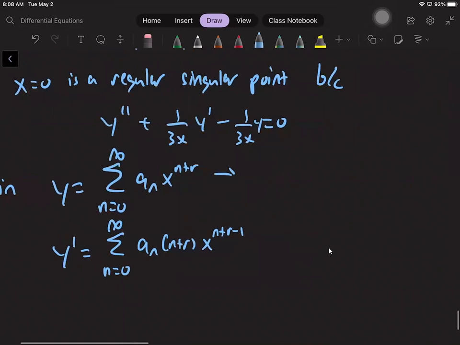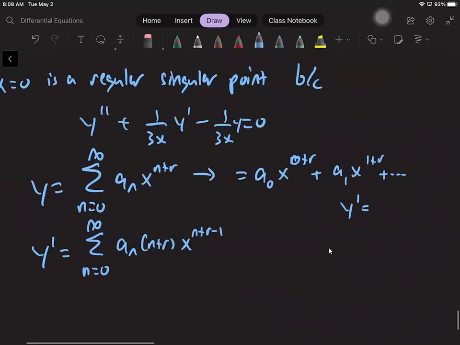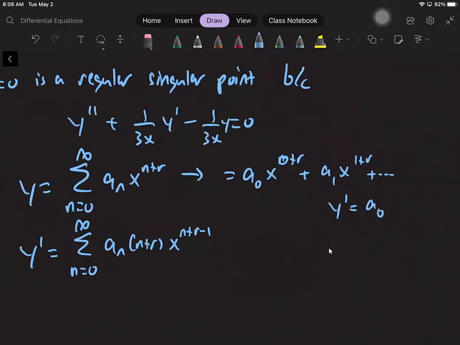So why are we starting at 0 this time? Well, if you expand this out and take the derivative, you'll see that the first term doesn't necessarily disappear anymore. So we still have to keep counting from 0. If you write this out, then the derivative, the first one would be a0 r x to the r minus 1 and so on like that.